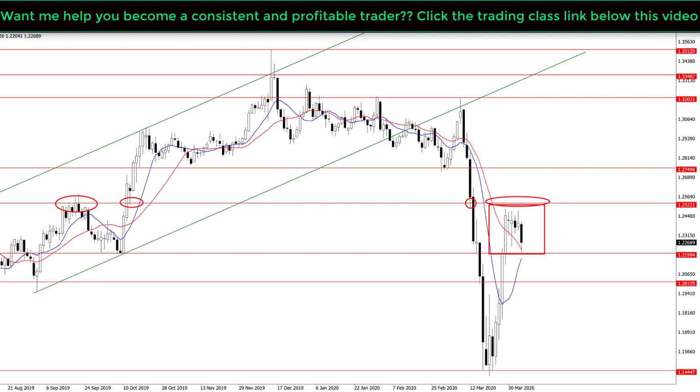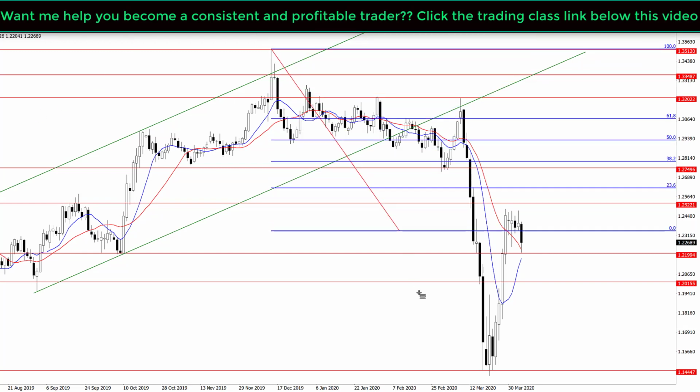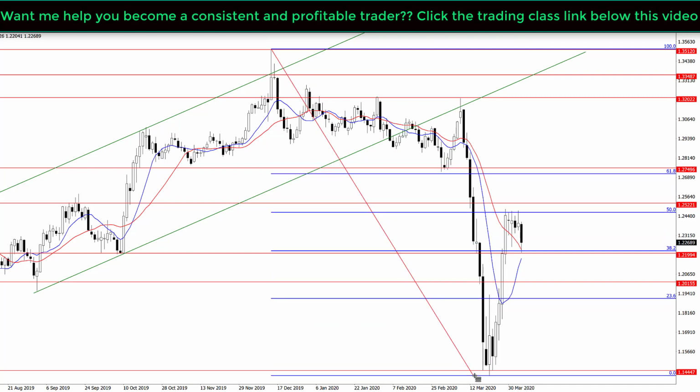So let's implement our Fibonacci retracement. Implementation of our Fibonacci retracement right from this swing high right here downward to this swing low right here. In fact, price was being rejected at the 50% Fibonacci retracement level. You can see right there we have a series of bearish rejection candles right here.